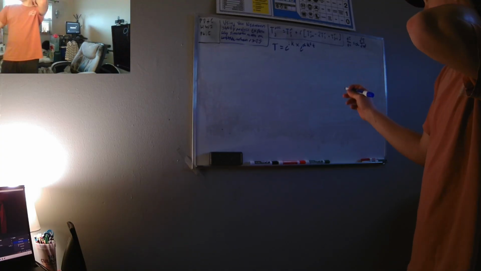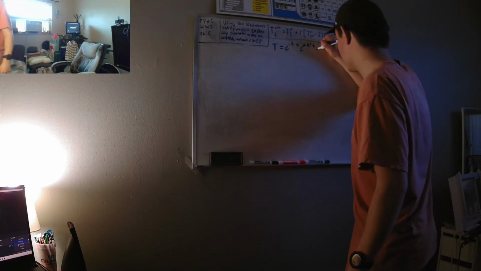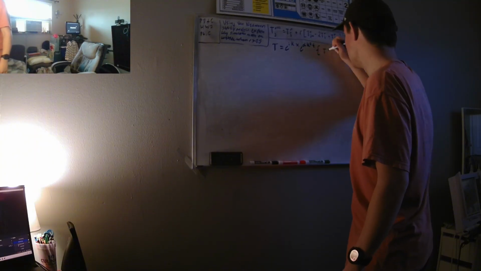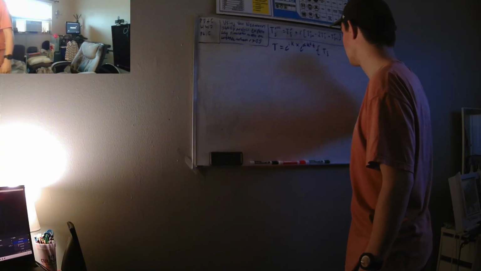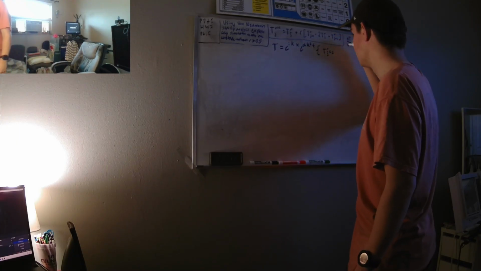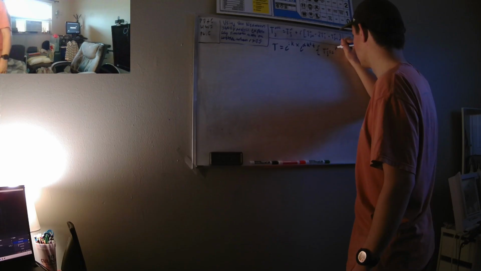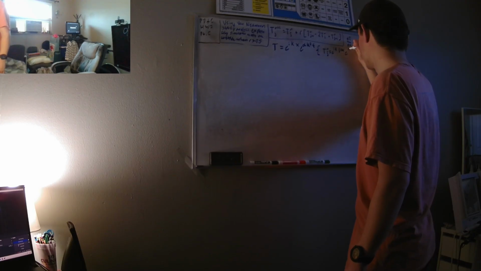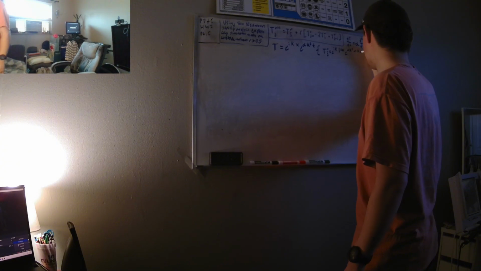Now, if we take this into account for, say, our T j n, we get e to the I k j delta x times e to the alpha k squared n delta t.